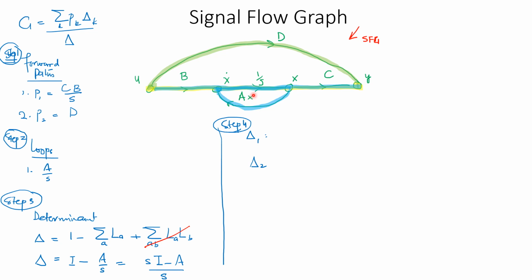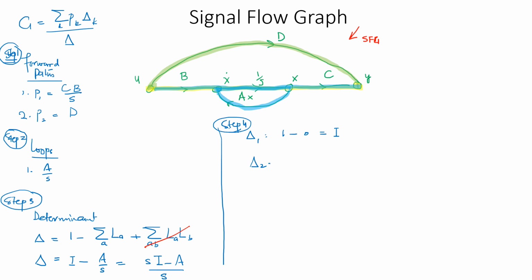So there is no other loop in that. For that sense, the delta 1 turns out to be 1 minus 0. So this is going to be equal to, if I may say that, identity matrix, because this is matrix manipulation.